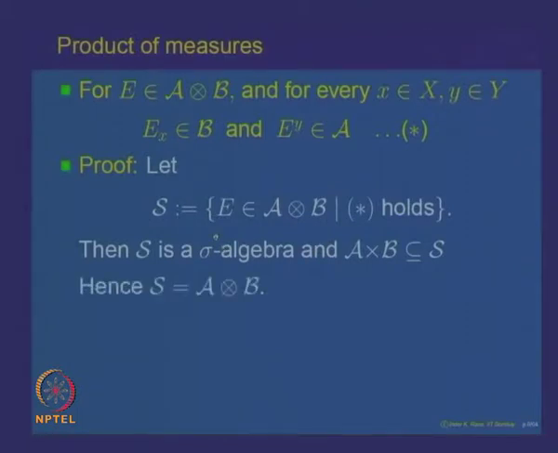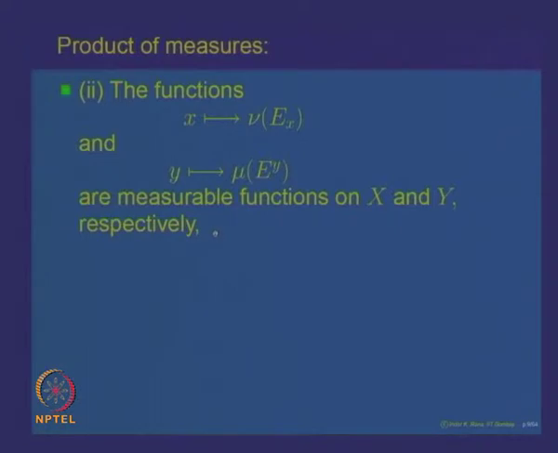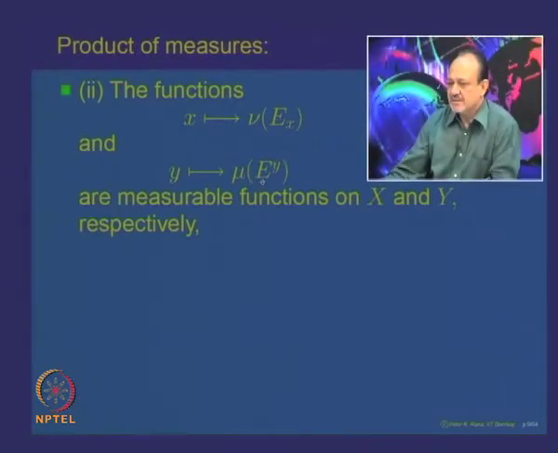Now let us go to the next property. We already know that for every x, E_x is the section of E at x. If E is in the product sigma algebra, this set E_x is in the sigma algebra B. So nu of that set makes sense, because nu is defined on the sigma algebra B, and similarly the section of E at y is in the sigma algebra A. So mu of this section makes sense, but nu of E_x depends on x and mu of E^y depends on y.